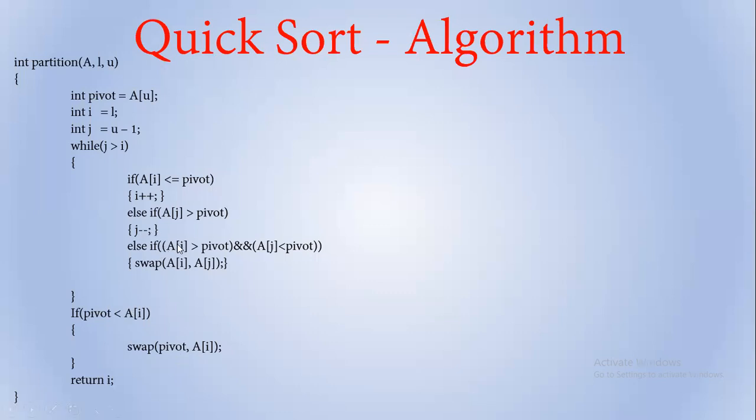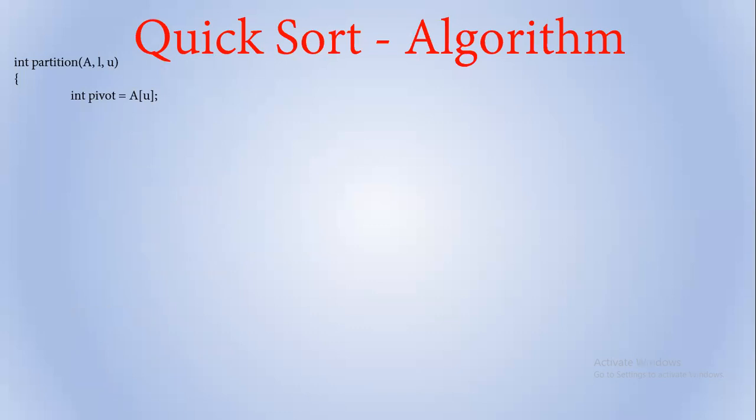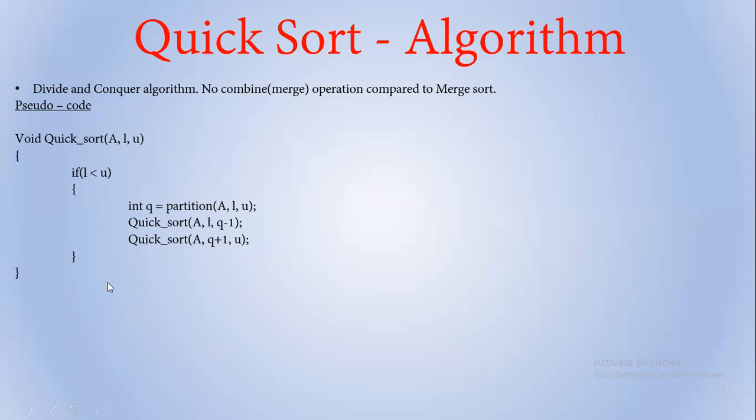For example, if i is incremented to 2 and stops here, then we return 2. Then the first quick sort will take place for the array A from 0 to 2 minus 1, that is 1.